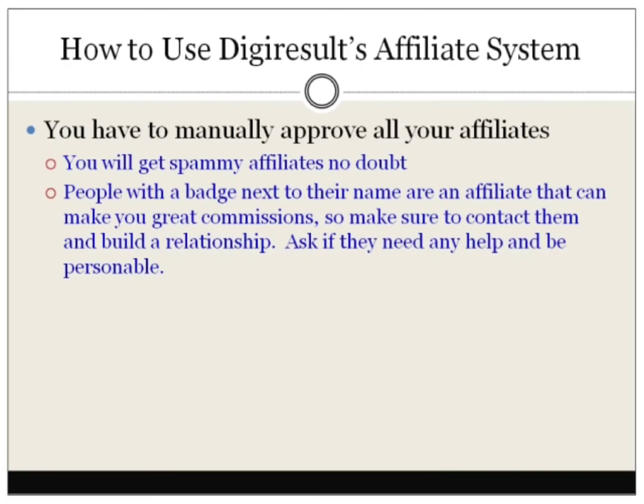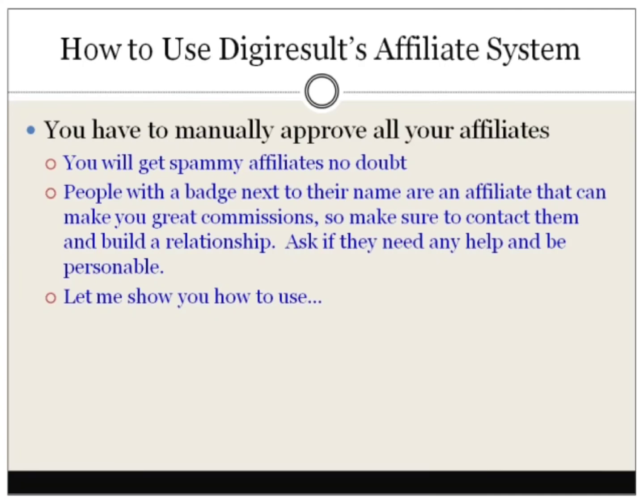By producing commissions, they get a badge next to their name, and these are the types of affiliates that you want to approve to your program, because they are people with a proven track record who have been making commissions for other products on DigiResults. So the best way to go about doing this is to approve them, contact them, try to build a relationship with them, and ask if they need any help and be personable.